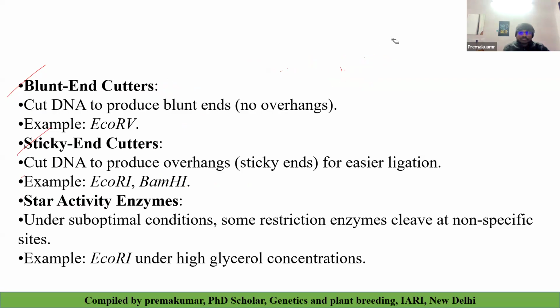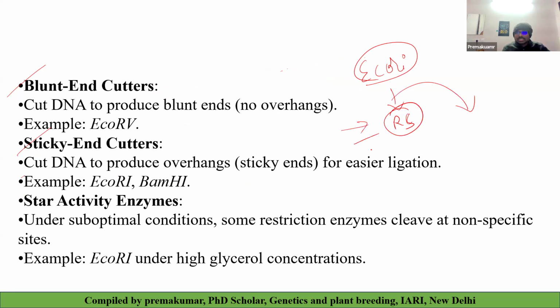For example, EcoRI has to cut at a specific recognition site, but due to some external condition, it will not cut at that site. Under suboptimal conditions, some restriction enzymes cleave at non-specific sites.